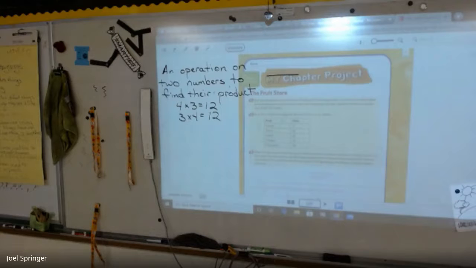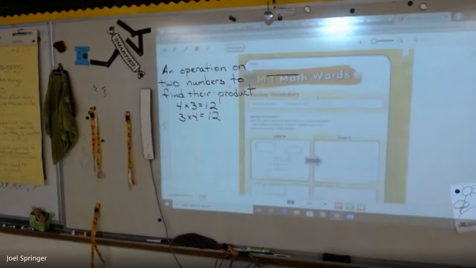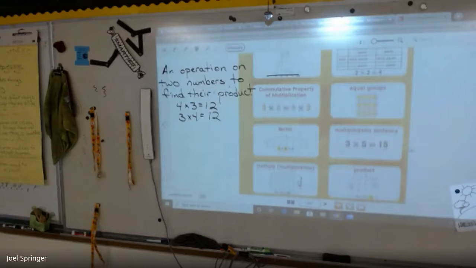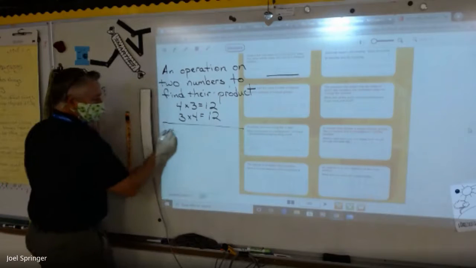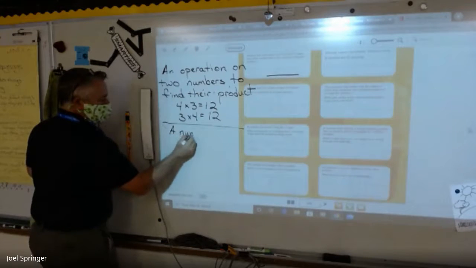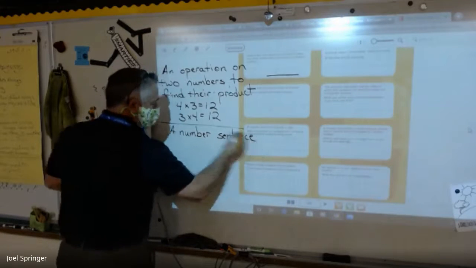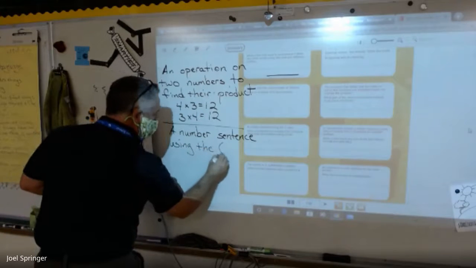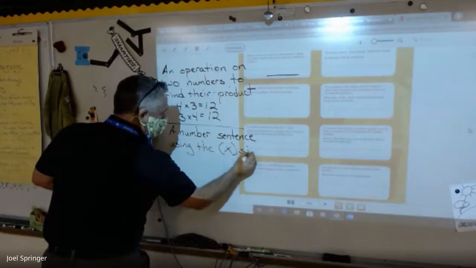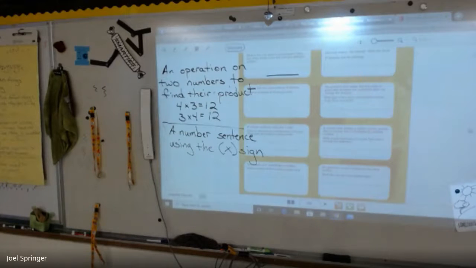All right, for multiplication sentence, write down a number sentence using the, we'll put it in parentheses, X sign, which is multiplication.